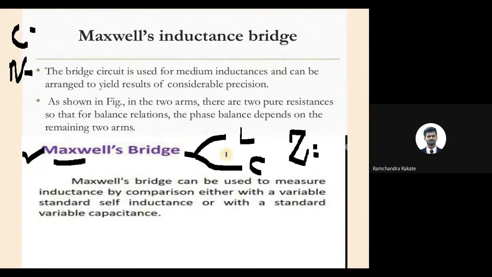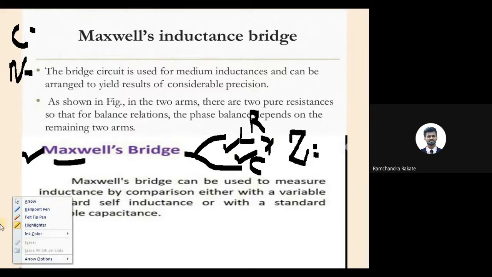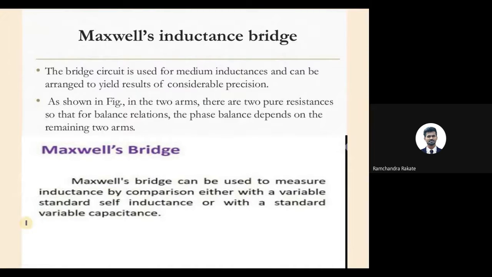With the Maxwell bridge I can have inductance, or capacitance, or a combination of both, and resistance is always present here. So we can call it Maxwell-Wien bridge, a modified version of the Wheatstone bridge, or a Maxwell inductance capacitance bridge. Whatever name you want, you can use.